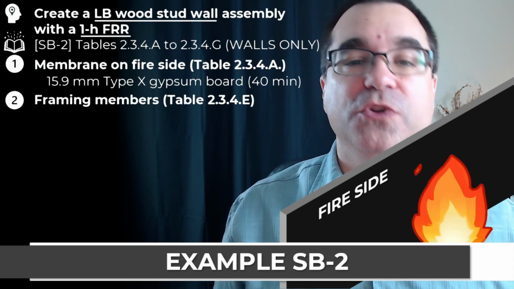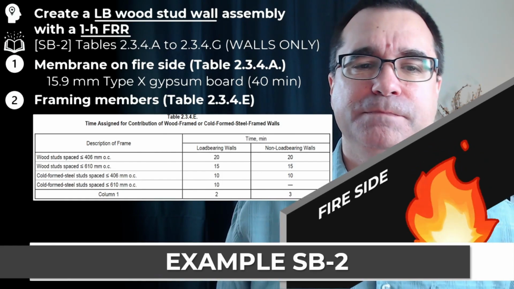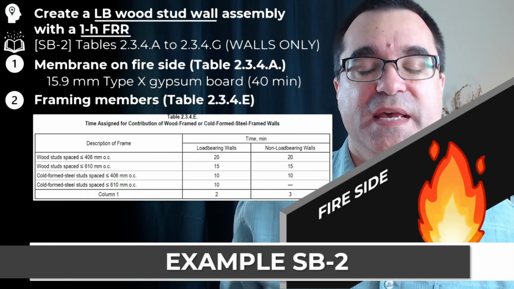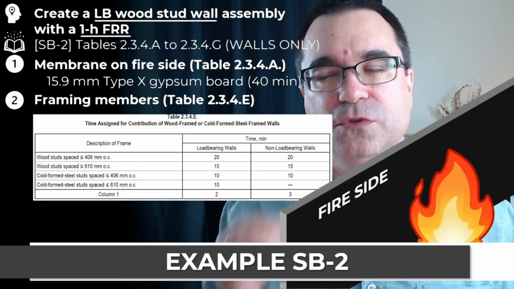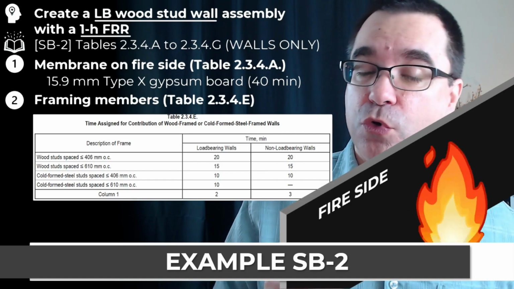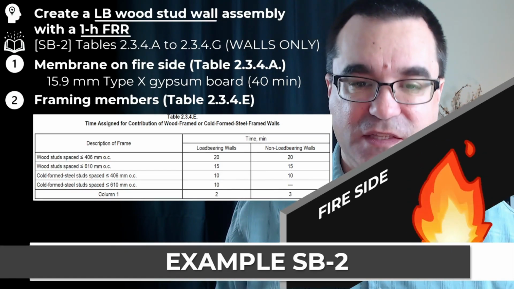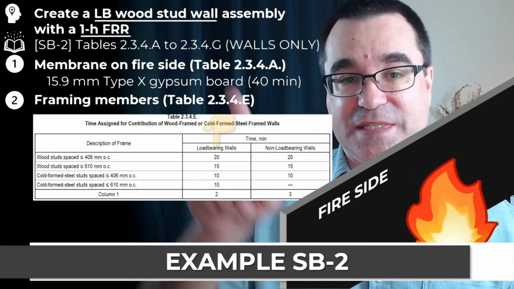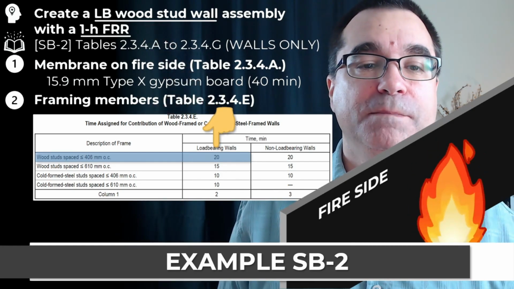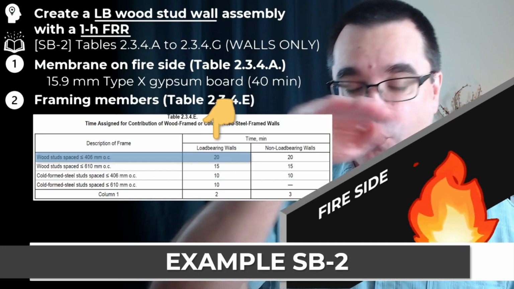So table 2.3.4e looks like this, or very similar in your copy. And what it includes is the time assigned for the contribution of wood framed walls or cold form steel framed walls. So I identify the column that has load bearing in it, because that's what we have here, a load bearing wall, and I select the wood studs from the available rows.